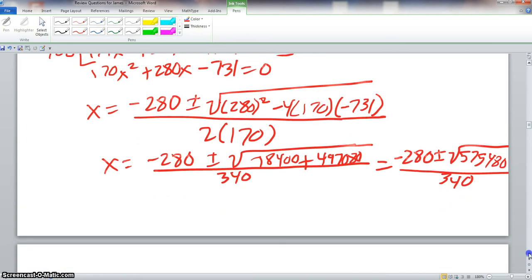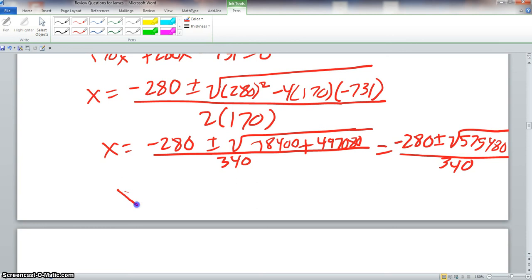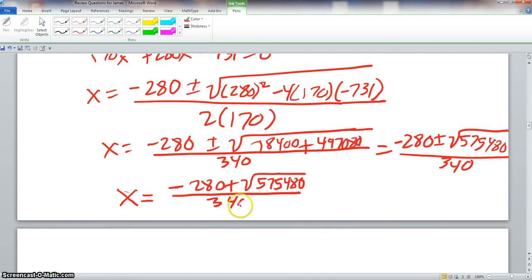Now, we need to put this in a calculator. Now, I'm going to tell you how you should put this in a calculator. First thing in your calculator, you should have negative 280 plus the square root of 575,480, and then divide all that by 340. Now that's one of your answers.